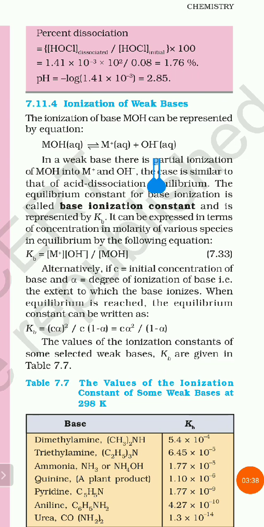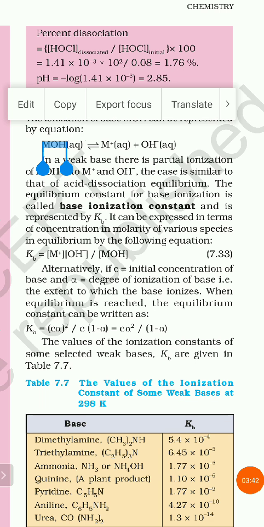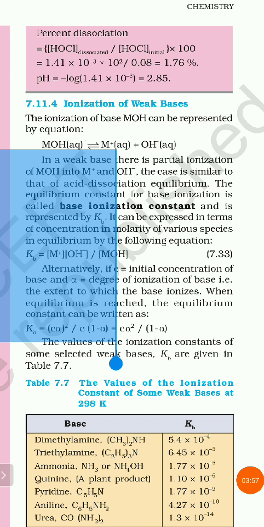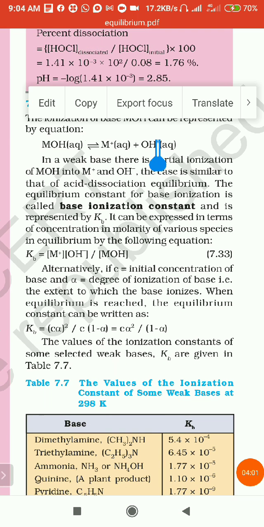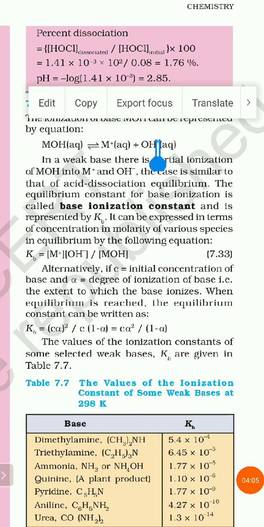Partial, not complete. For example, take MOH, where M is some other group, like calcium hydroxide or some other weak base. When that weak base dissociates, it gives an M plus ion and an OH minus ion, so OH minus is produced.